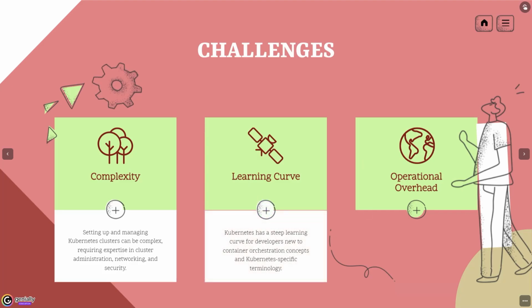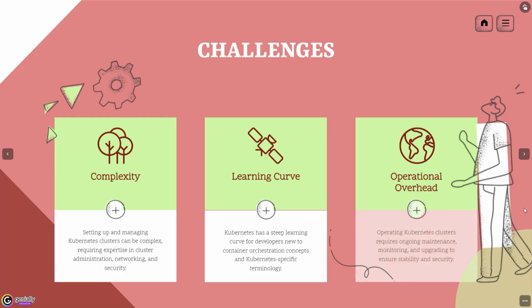So, Kubernetes has a steep learning curve for developers new to container orchestration concepts and Kubernetes specific terminology. And operational overhead. Operating Kubernetes clusters requires ongoing maintenance, monitoring, and upgrading to ensure stability and security.